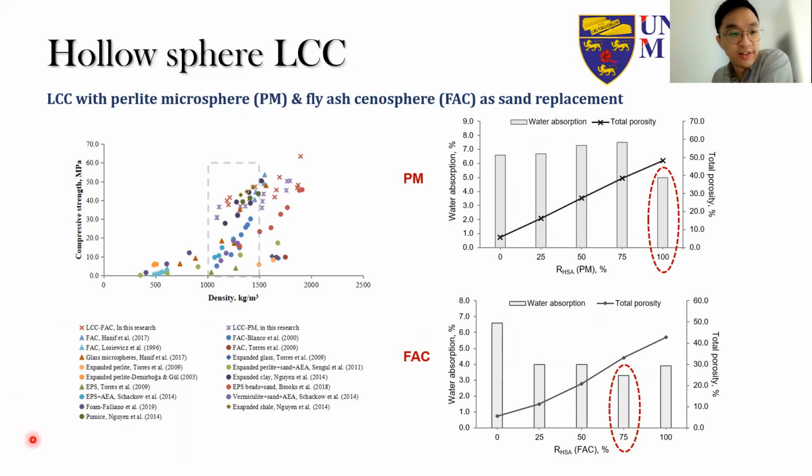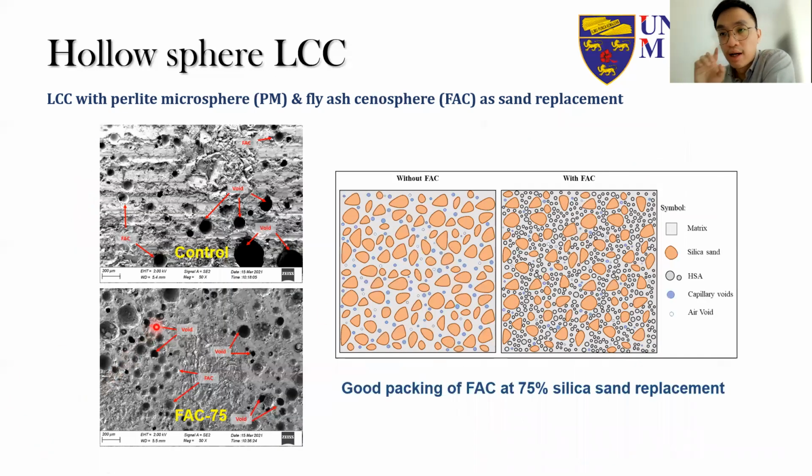And the reason for this is because when we use this kind of hollow sphere, with a particle size of about 100 to 200 microns, this can provide good particle packing, and can fit in the voids left very well. So we can see an illustration without fly ash cenosphere.